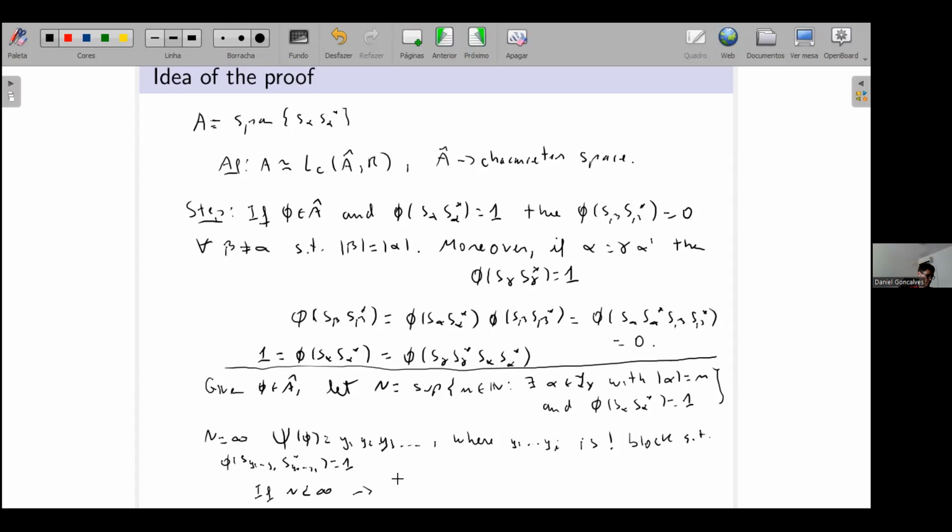Then we take alpha in the language to be such that it has length n and phi of S alpha star is equal to 1.